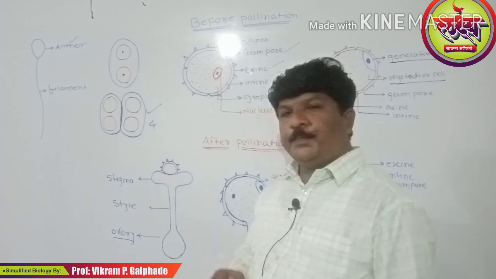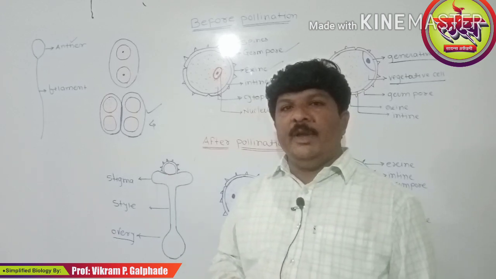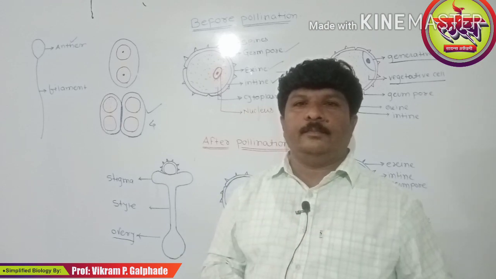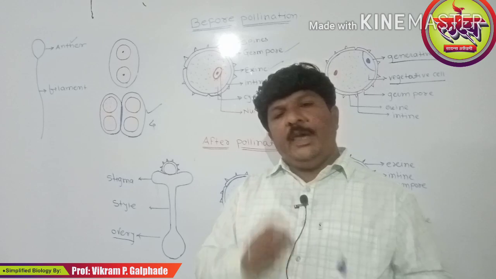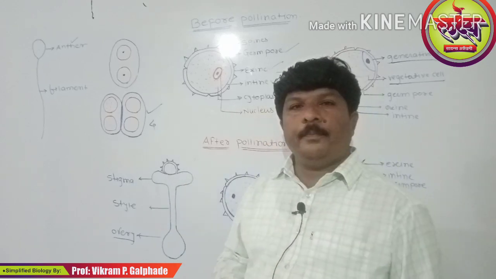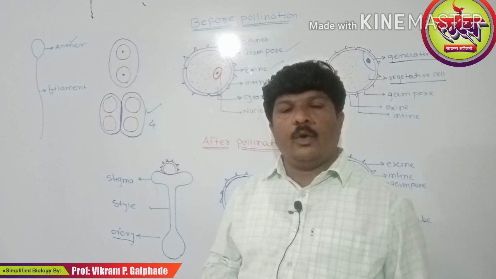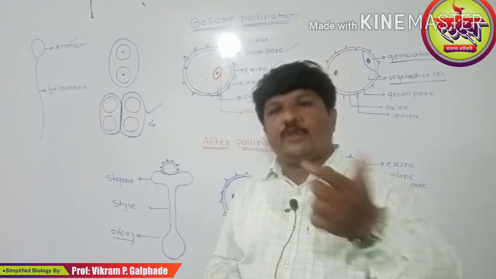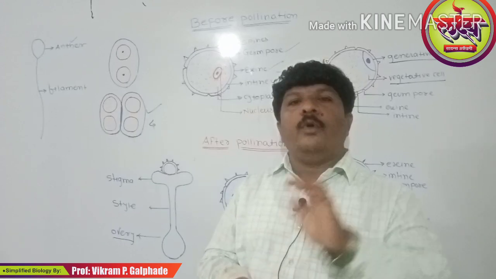This process is similar to a key and lock. If the receptors of pollen and stigma do not match, the stigma does not allow the pollen grain to germinate.